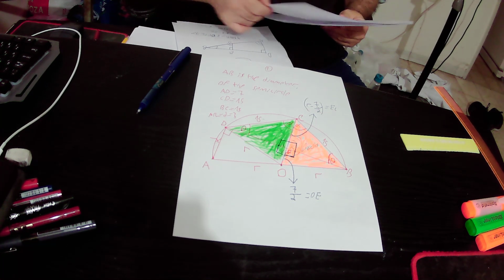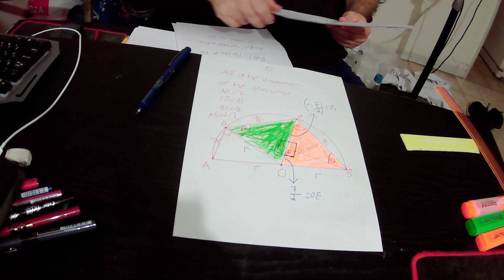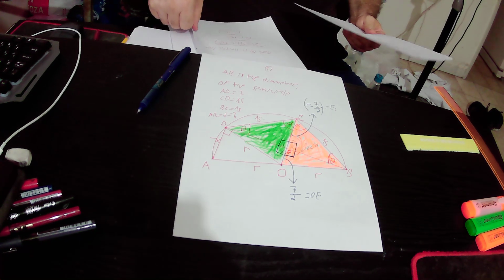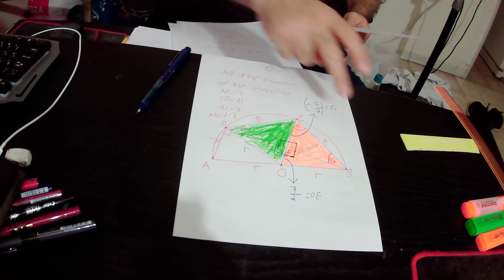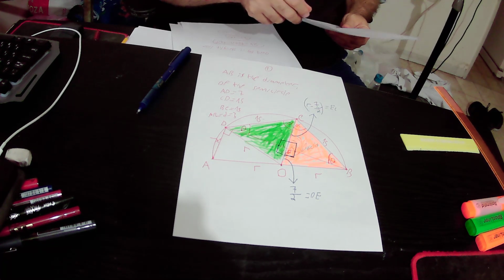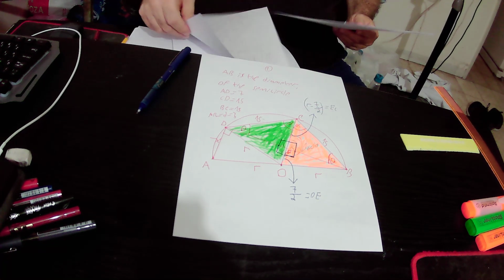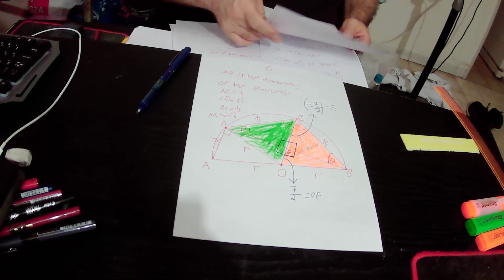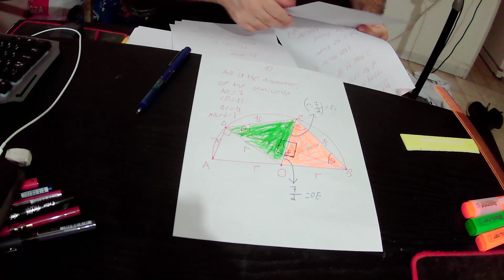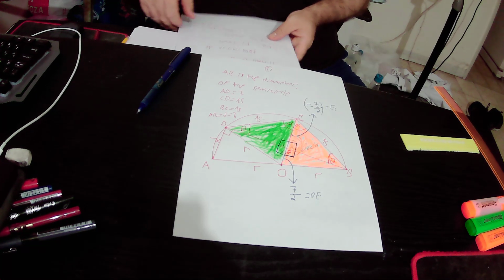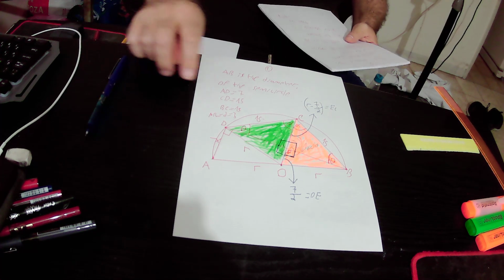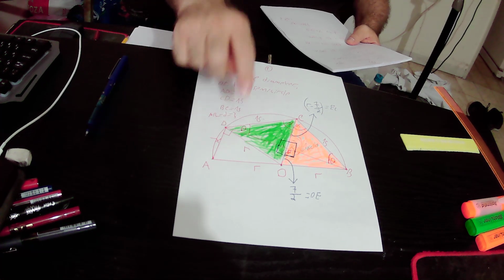Okay, so first of all we made a construction. We connected together points B and D by a straight line, and we created angle ADB.